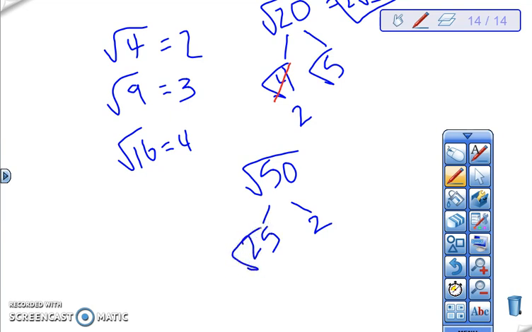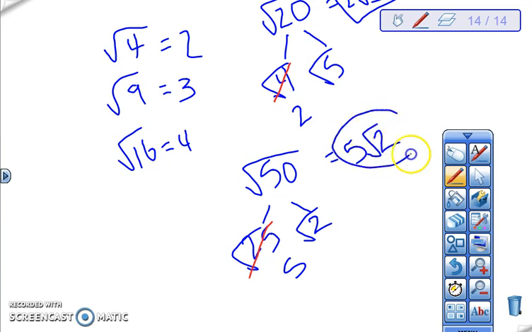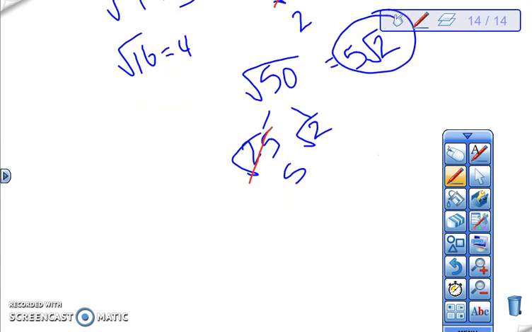I know that if I square root 25, it comes out to 5. And I know that 2 does not have a square root. So I know that the square root of 50 is the same as 5 times the square root of 2.